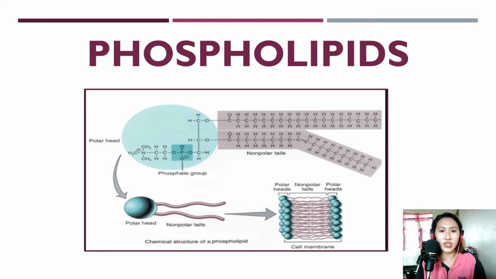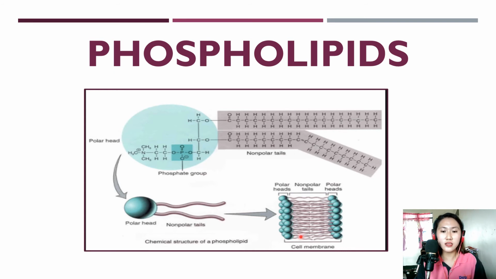And because of this structure of phospholipids, they tend to arrange themselves in a way where their hydrophilic heads, this one, are the ones that interact with the watery environment. Okay? Nasa labas yung hydrophilic head.